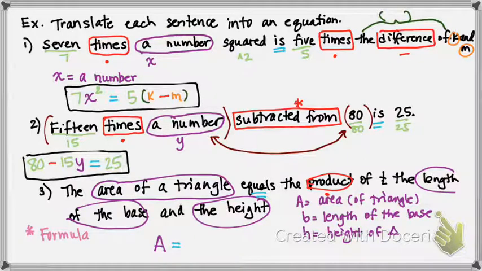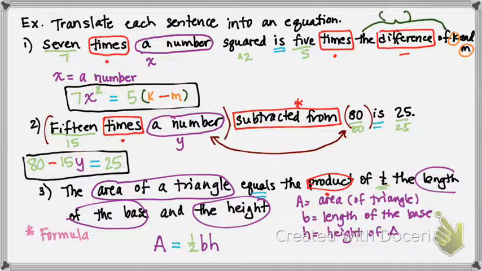And then 1/2 the length of the base and the height. So I do see this number of 1/2. So I'm going to have 1/2 the length of the base, which is the B, times the height. Now notice that anytime I have 2 variables or a number and a variable butted up to each other, that just means they're being multiplied.